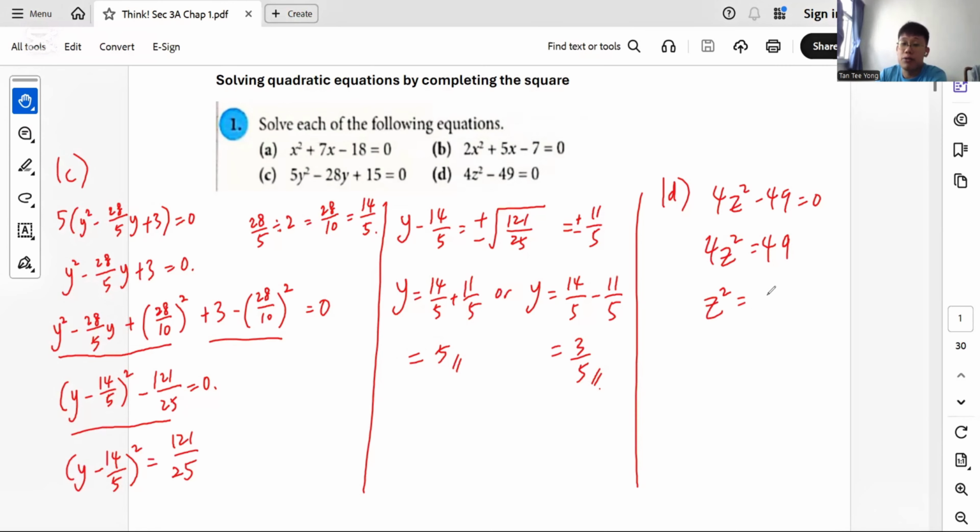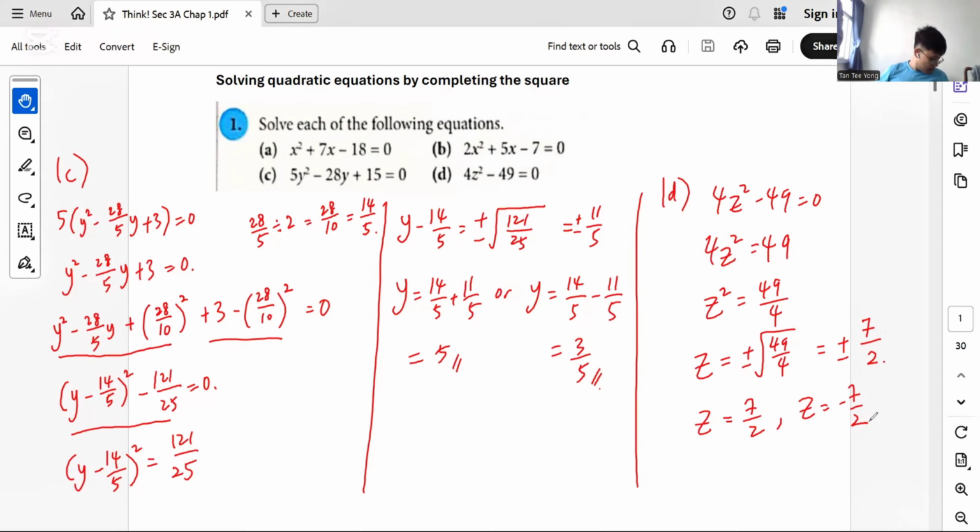Z squared equals to 49 over 4. Then Z equals to plus minus square root 49 over 4, which is equals to plus minus 7 over 2. So Z is equals to 7 over 2, or Z equals to negative 7 over 2. So this is it for question 1.